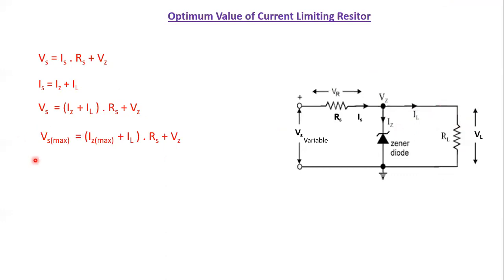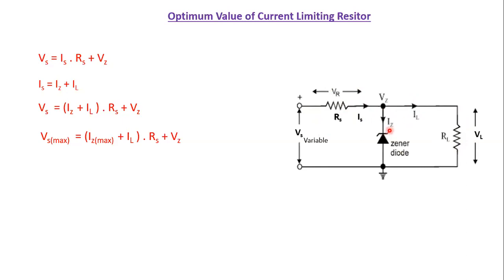Whenever Vs increases, the current will also increase, so Is will increase. But that increase in Is could be reflected in an increase in Iz or IL, or both. But IL has to be kept fixed to a particular value so that VL always remains constant.